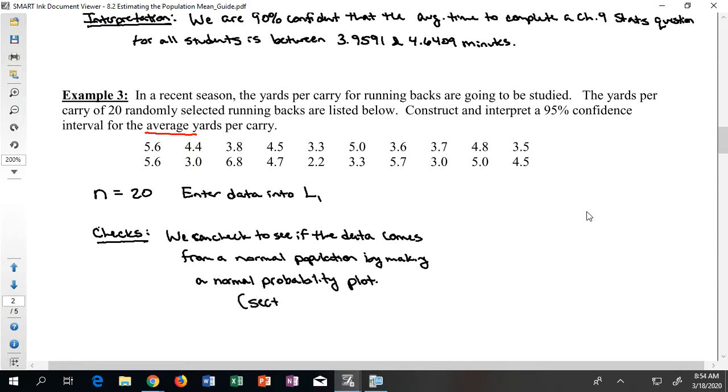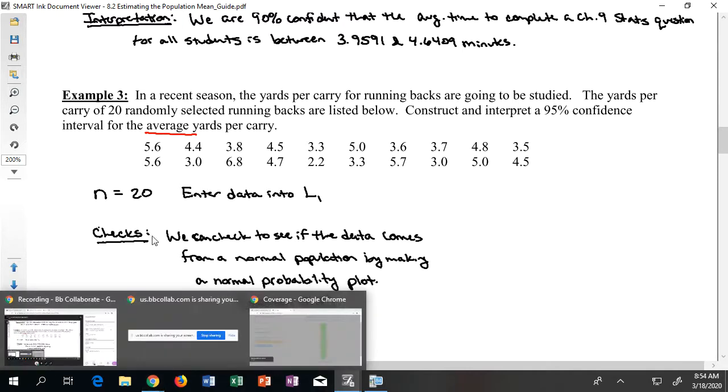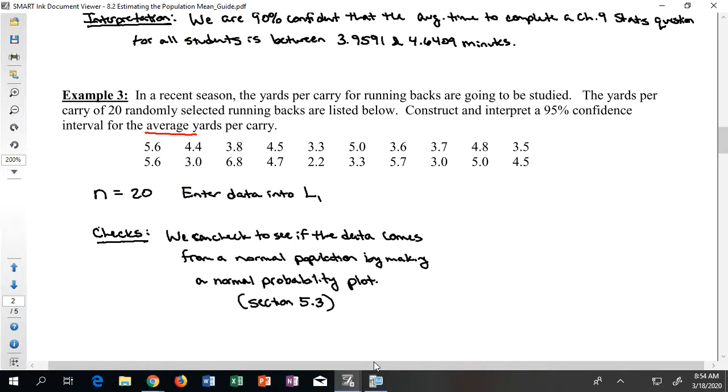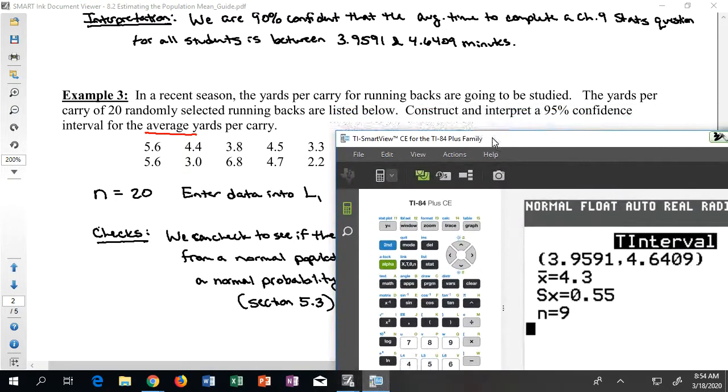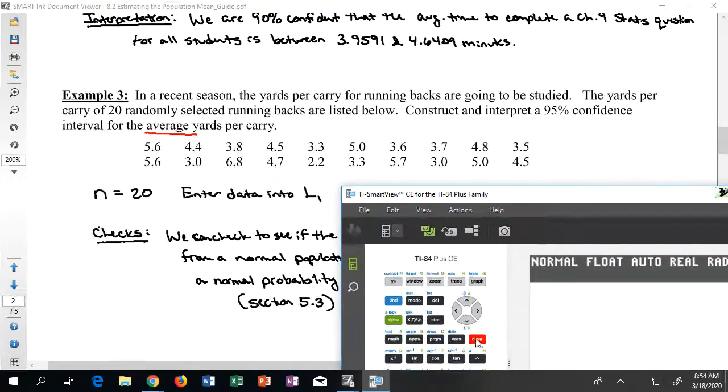That's something that we did back in section 5.3. And gosh, it's been a long time since we've done one of these, but we'll see from time to time, this becomes a really important thing to be able to do. So I'm going to go ahead and actually try to do this here. I'll recap for you exactly how I'm supposed to reconstruct one of those.